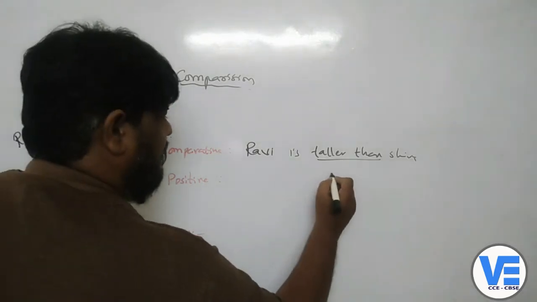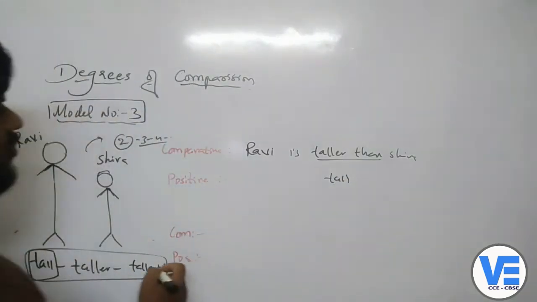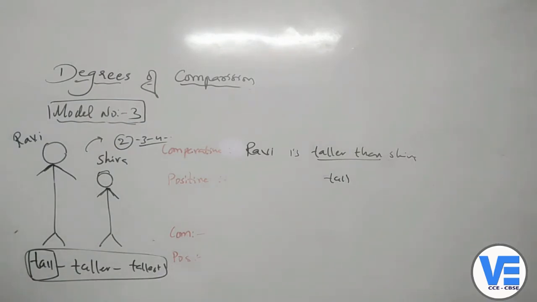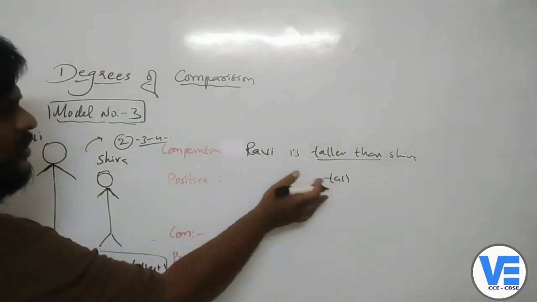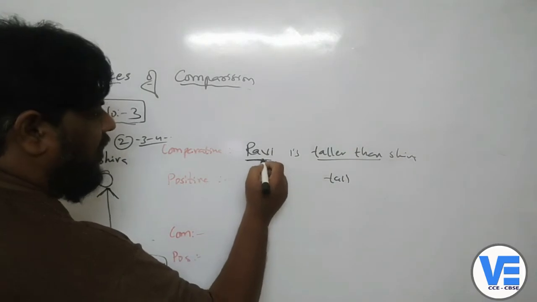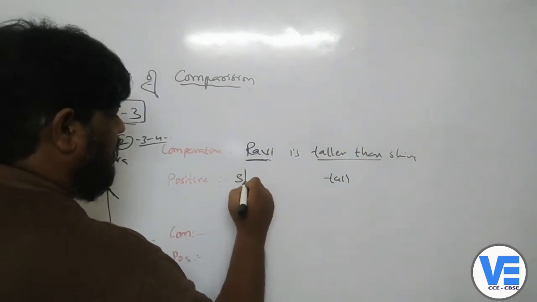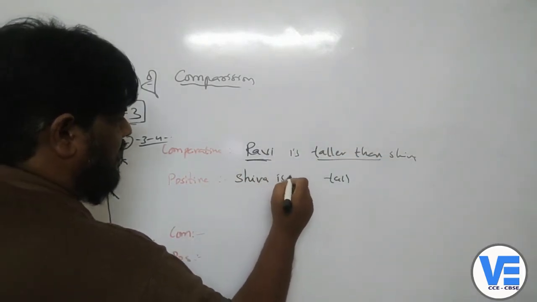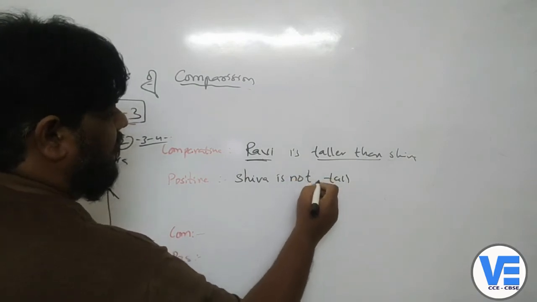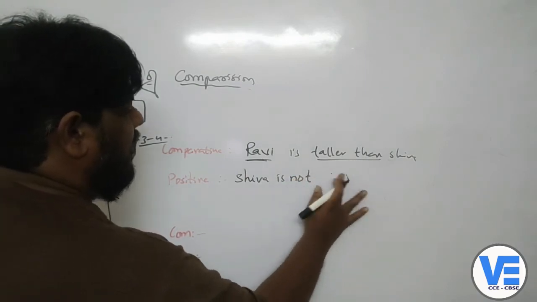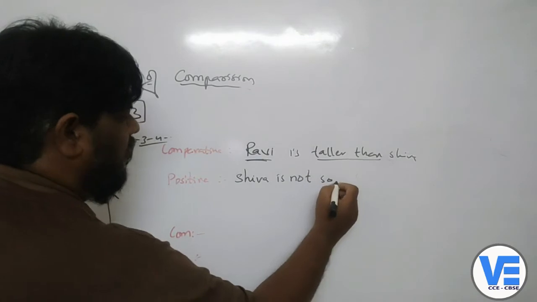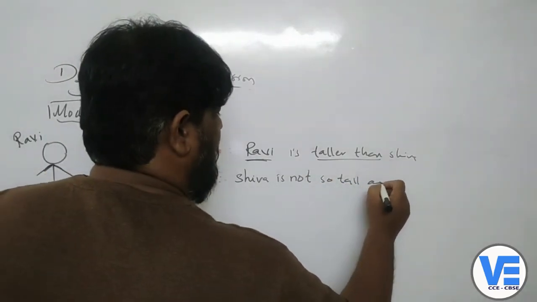In the positive, we have to use tall. So how will you use tall here? Now you are not directly going to compare Ravi again with Shiva. You have already compared Ravi with Shiva. So now what we'll do is we'll take Shiva. Shiva is not so, right? So what you write here is: not so tall as Ravi.